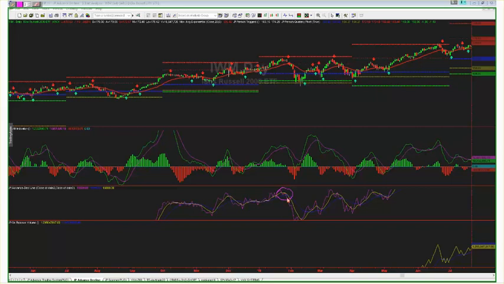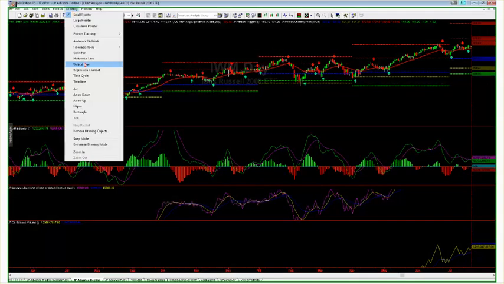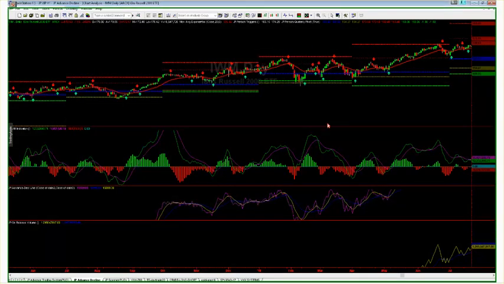When the blue and gold crossed below each other, look where the market was. Look at that, trying to go through the, I didn't do a great straight line, but you can clearly see, if I could draw a straight line to save my life, let's do it correctly. Go to drawing, and I will go to a vertical line, and let's line that up one more time.